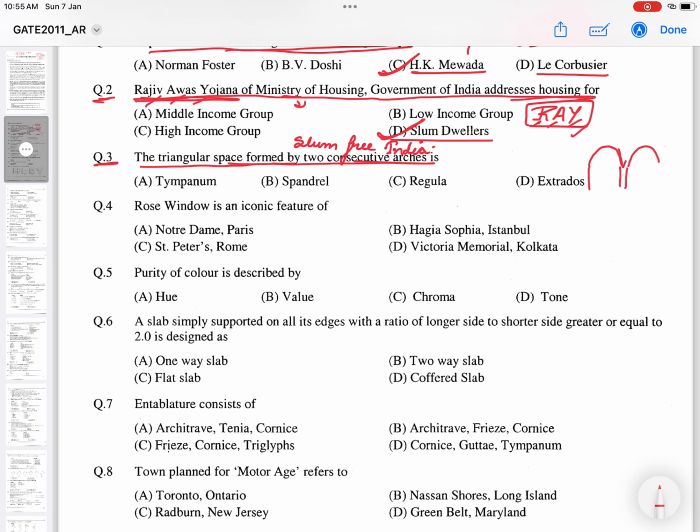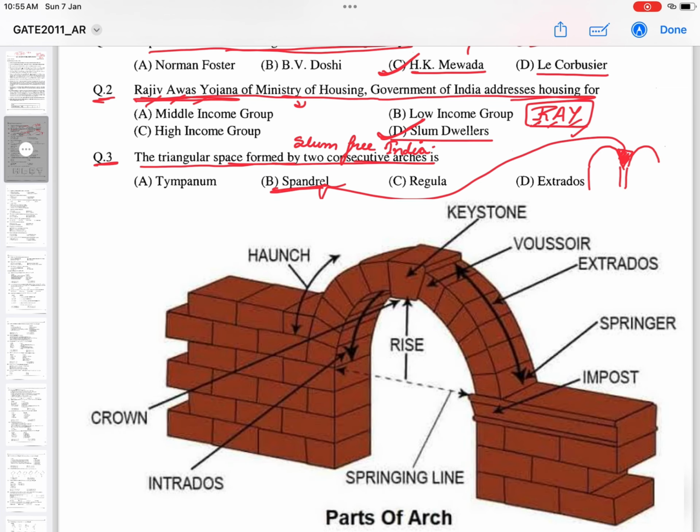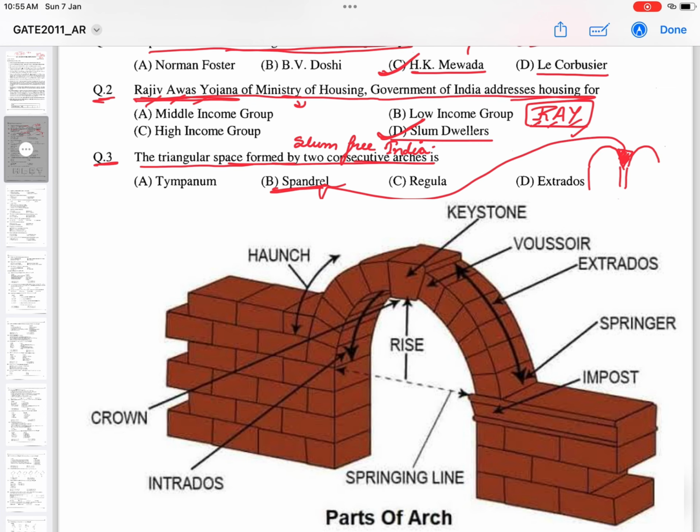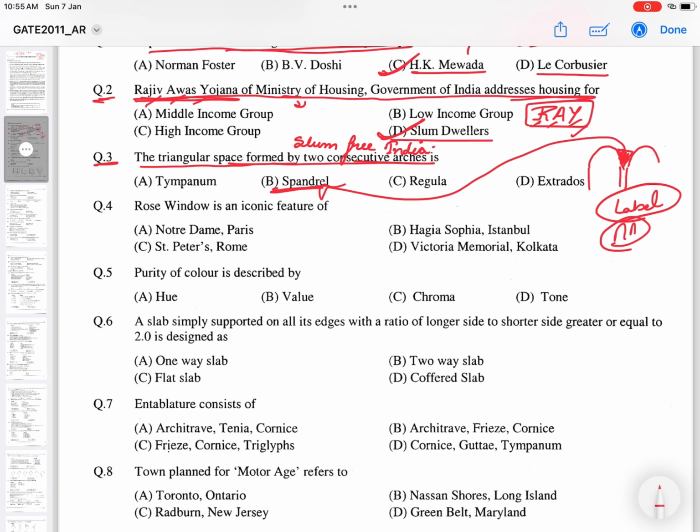So this triangular space, they are asking what is this. So this is spandrel, okay. What I'll suggest is just go through the types of arches and the labels of all the arches as well, okay, that will do.